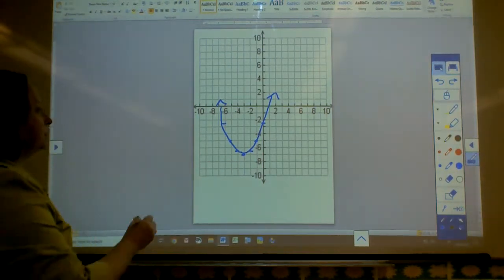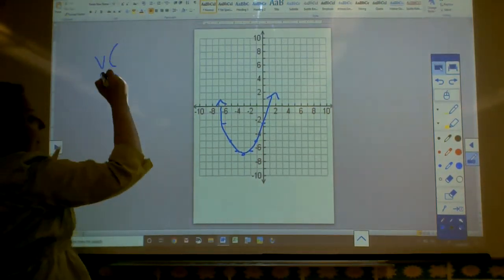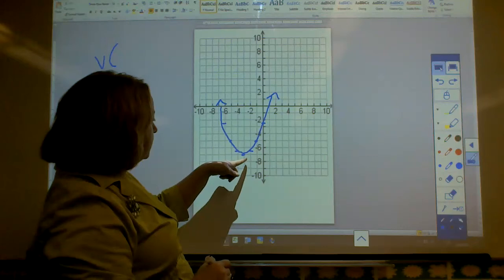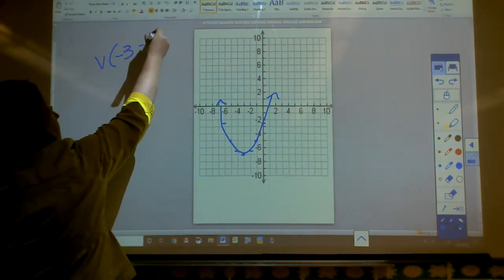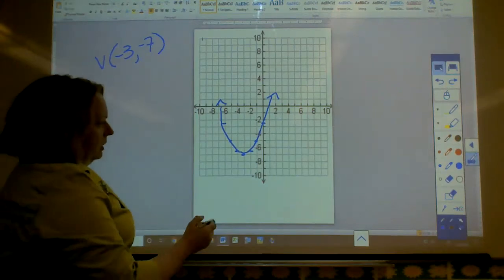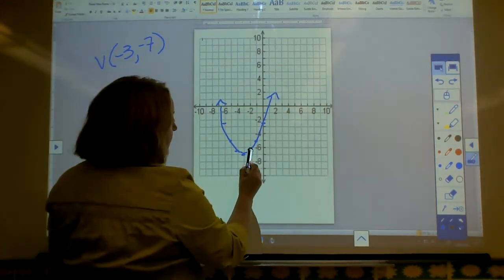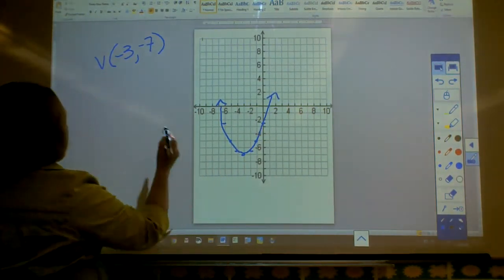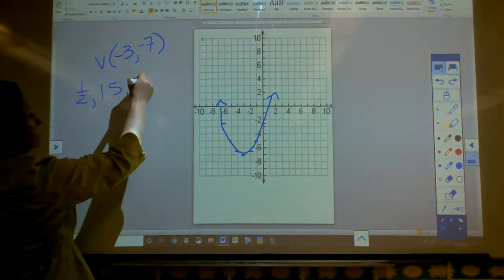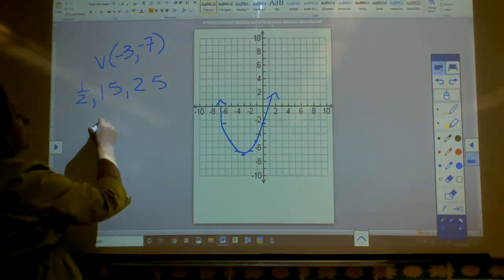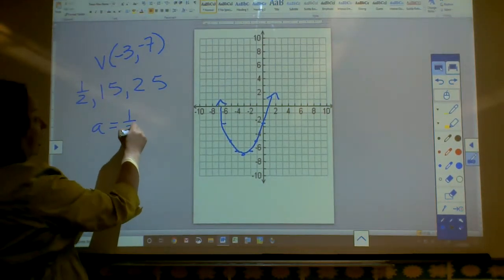So we know we're going to have a vertex. Looks like it's (-3, -7). And it looks like I'm following a half, 1.5, and then the 2.5 pattern. So I'm thinking my a value is going to be a half.